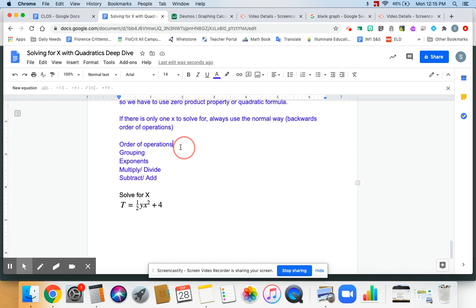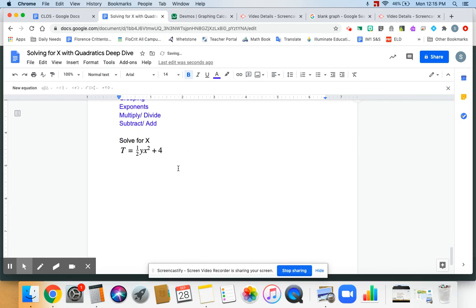So is anything getting added or subtracted to that x? Yes, there's a plus 4. The rest of it's all getting multiplied to the x because it's all one term. But this plus 4 is getting added on, so it's the first thing we can get rid of. And what's the inverse of adding 4? Subtracting 4. So if I minus 4 here, it eliminates.